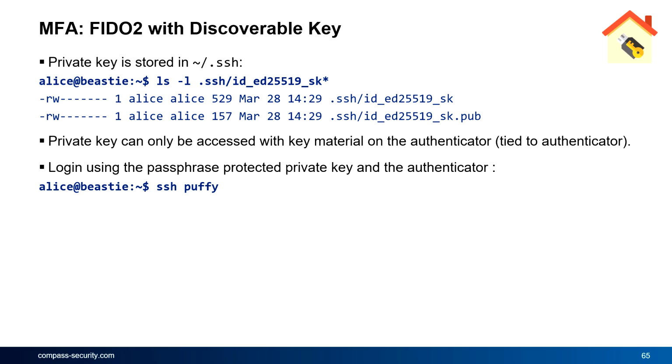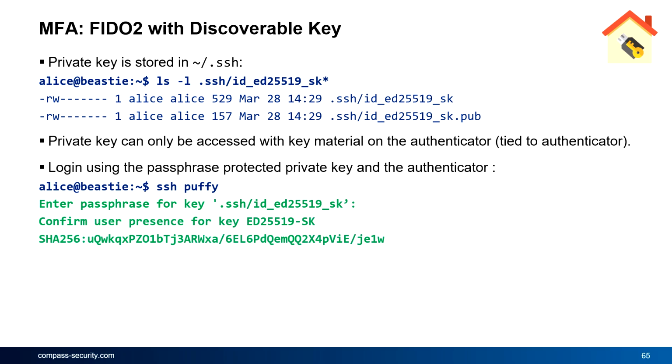If you now want to access a system using the FIDO key, after copying the public key to the system and configuring this, you type in the host where you want to connect, then you enter the passphrase for the keys. This is not the PIN of your authenticator, this is the passphrase of your private key file. Then you have to touch your authenticator, and then you're logged in.